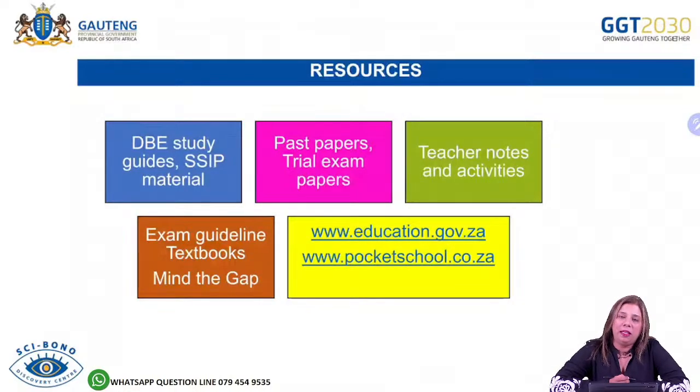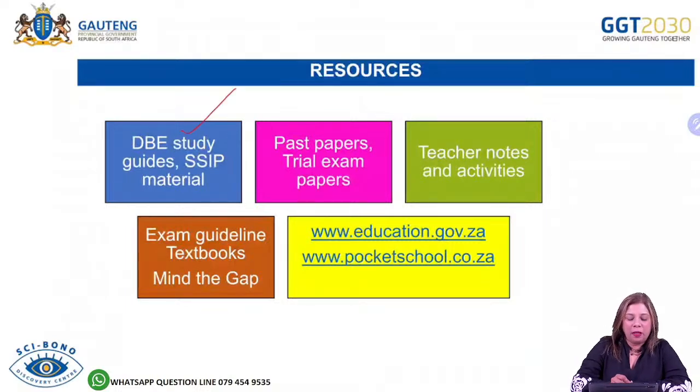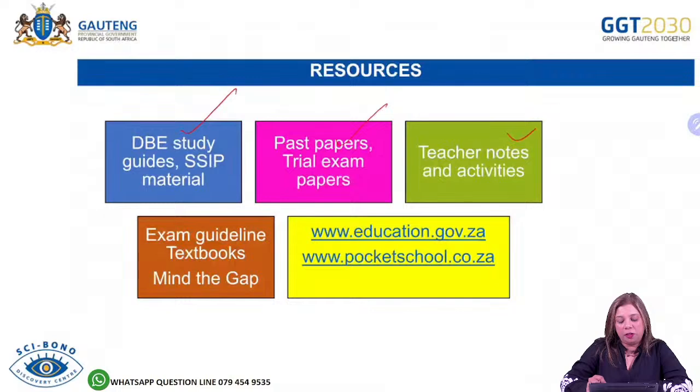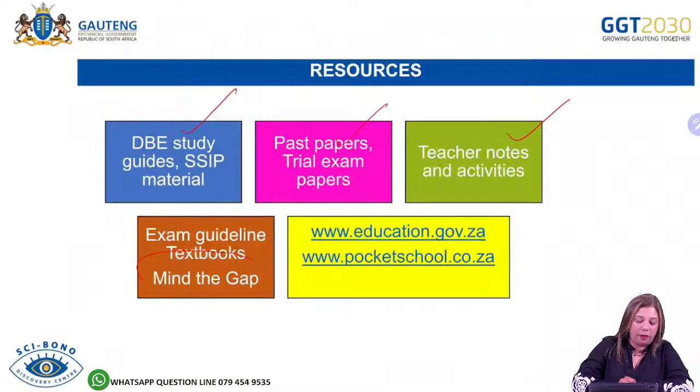So what would we need to study this programme? You need the DBE study guides and the SIP material. When you go for Saturday SIP or when the SIP material is supplied to your school, you should be filing that material and using it for study purposes. Also past year papers, prelim papers, teacher notes and activities, exam guidelines, and Mind the Gap, which is very, very important.